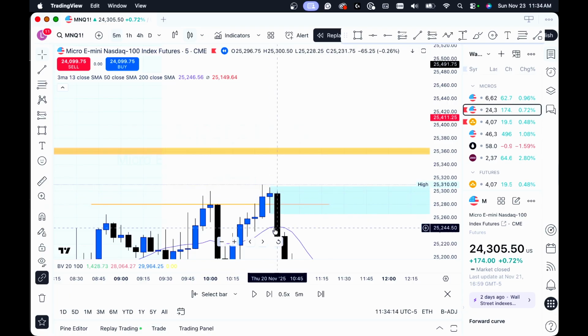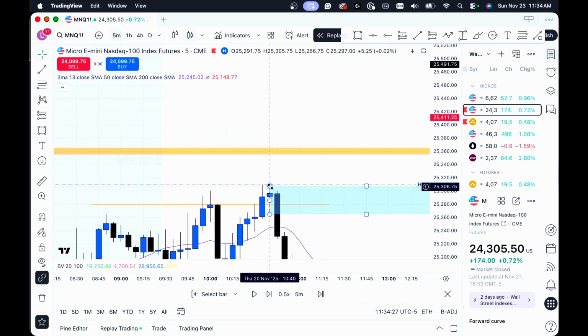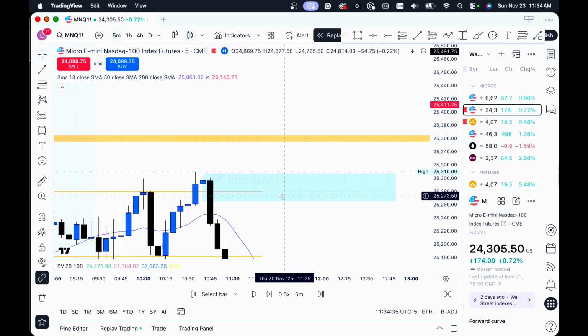If it's going down, supply, the previous bullish candle is going to be the beginning of your supply zone setup. From the top of the candle, from the wick, all the way down to the bottom of the candle. Wick to wick. Same for a demand zone.